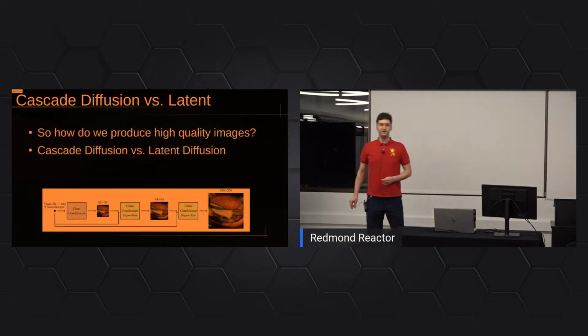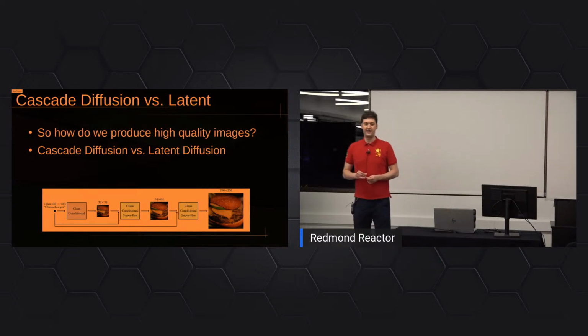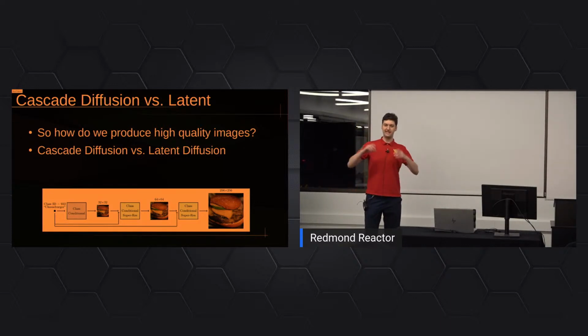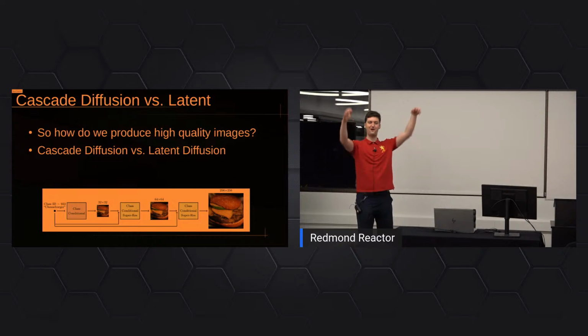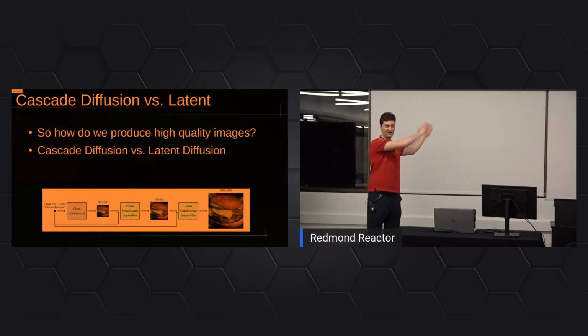So, cascade diffusion. As I mentioned, the naive diffusion model doesn't really work very well, because you have to have all of those super noisy images next to each other.